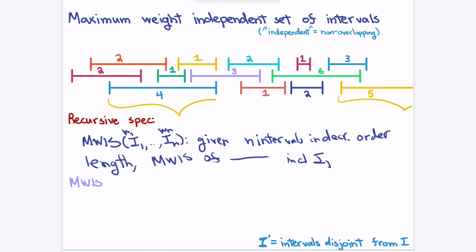Okay. So if I wanted to implement this, maximum weight independent set of I1 through IN, I should probably have the weights in there, but that's okay. What would I do? What would be a base case? Okay. N equals 1 implies I'll return the weight of I1. I'll write W of I1. Okay. What if N is bigger than 1?